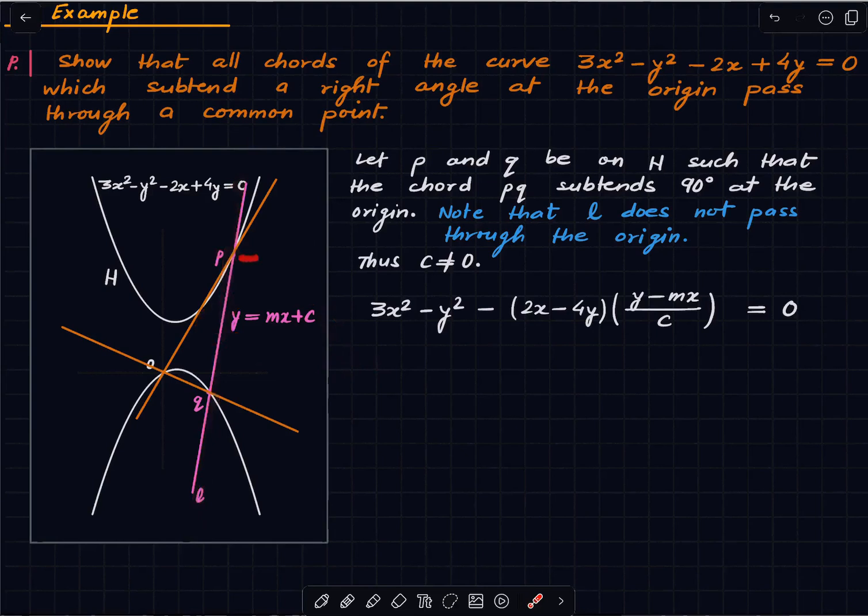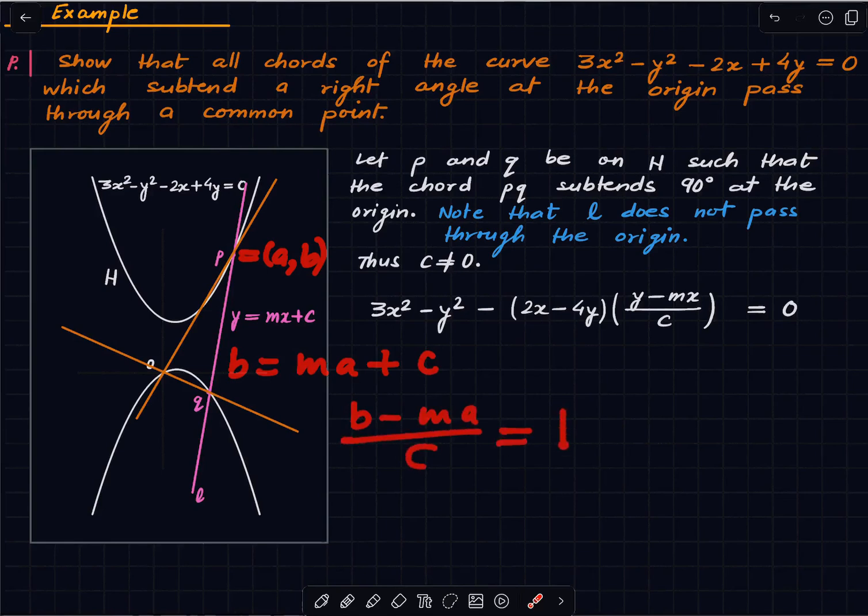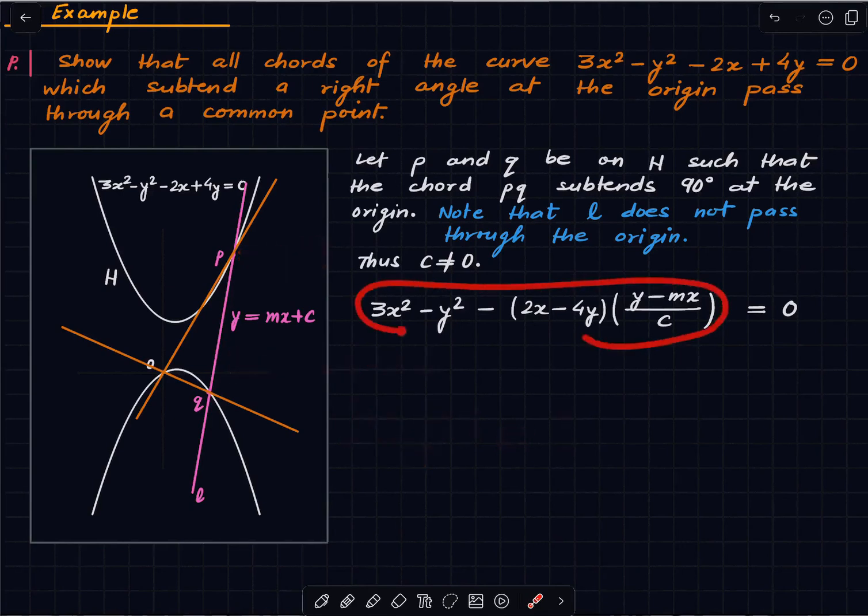So if P is (a, b), we have b equals ma plus c. And therefore, (b minus ma) divided by c equals 1. It is legitimate to divide by c because c is non-zero. Alright, so in this expression, if you substitute the coordinates of P, this much becomes 1.